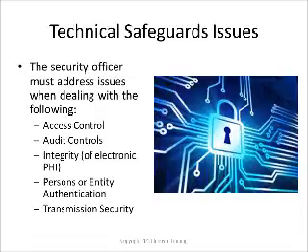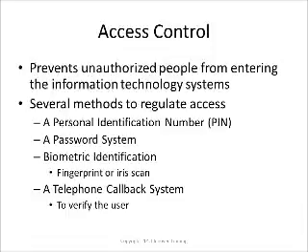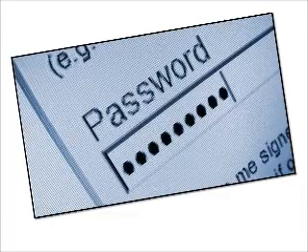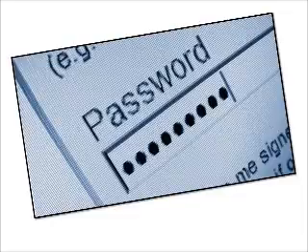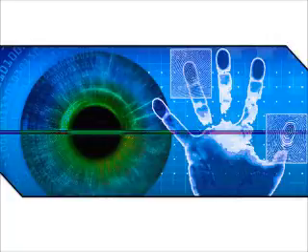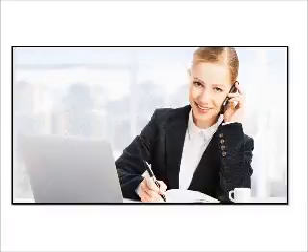This prevents unauthorized people from entering the information technology systems. Several methods to regulate access include a personal identification number or PIN, a password system, a biometric identification system such as a fingerprint or iris scan, or a telephone callback system to verify the user who's trying to gain access.